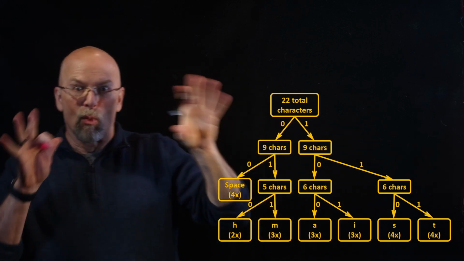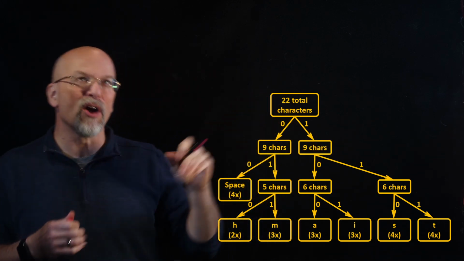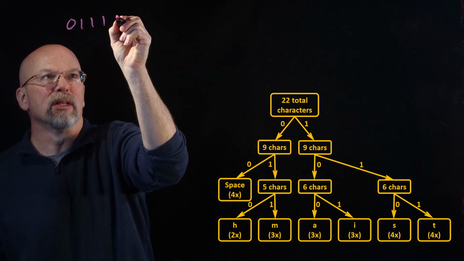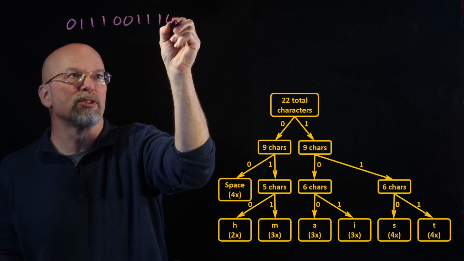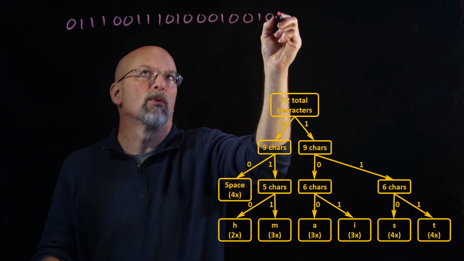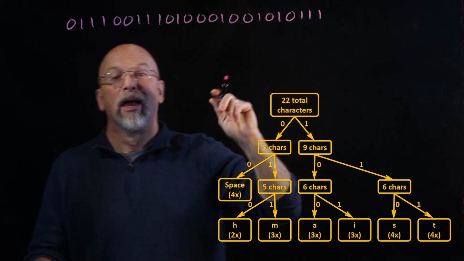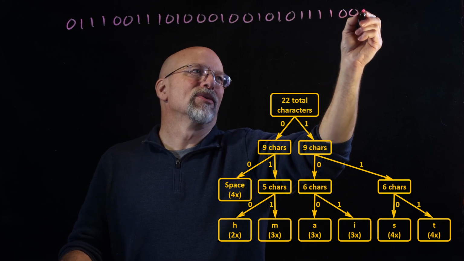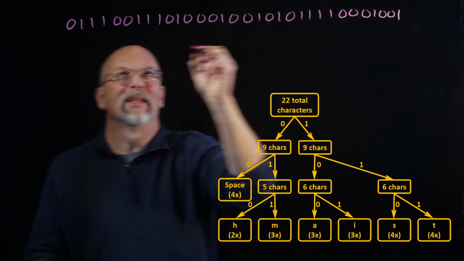So let's get a string of 1s and 0s and see if we can't decode it using this tree. 0, 1, 1, 1, 0, 0, 1, 1, 1, 0, 1, 0, 0, 0, 1, 0, 0, 1, 0, 1, 0, 1, 1, 1. I guess I should have made a shorter string. 1, 0, 0, 0, 1, 0, 0, 1.